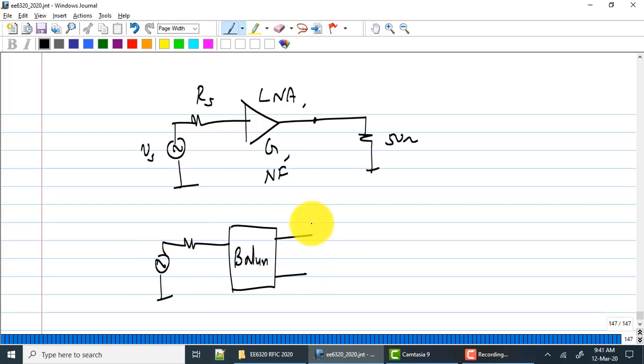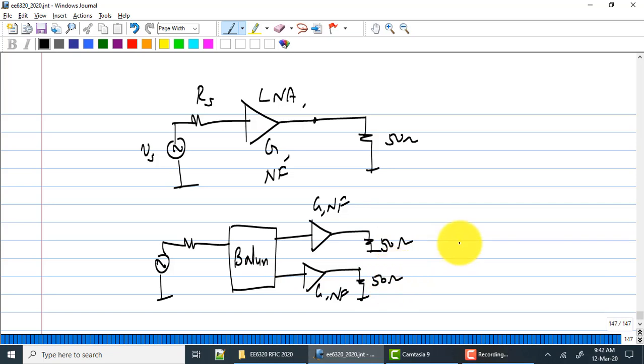I want to find out the noise factor of this circuit, NF prime. That's what I want you folks to do. Understood? If you short circuit the two outputs and then find out the short circuit current, is that what you're going to do?